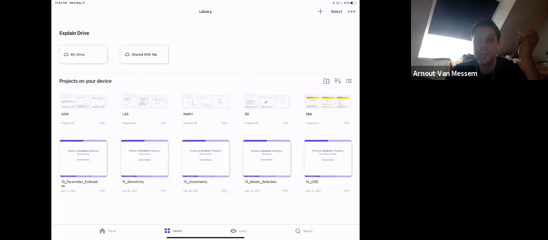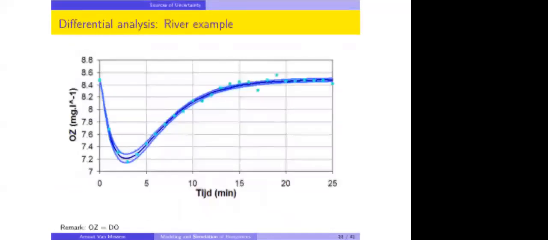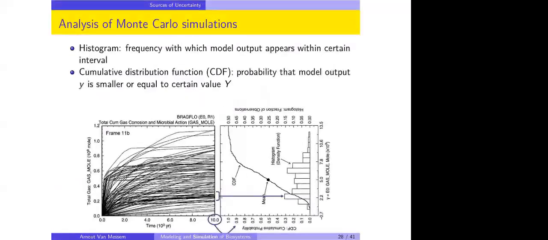In chapter 12, it's about the uncertainty analysis, and in the 28th slide, there's an explanation about the cumulative distribution function. And it says it's about the probability that the output is smaller or equal to a certain value y.